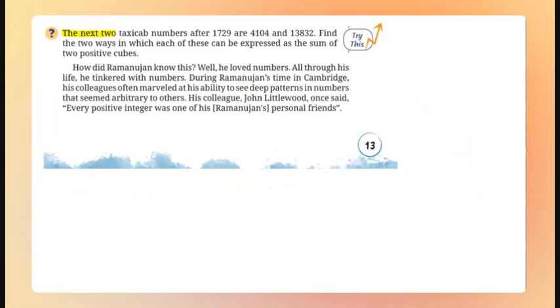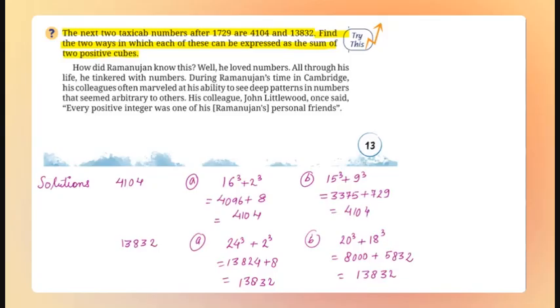The next two taxicab numbers after 1729 are 4104 and 13832. Find the two ways in which each of these can be expressed as a sum of two positive cubes. Now here you could see that I have written 4104 and 13832 as the two taxicab numbers.